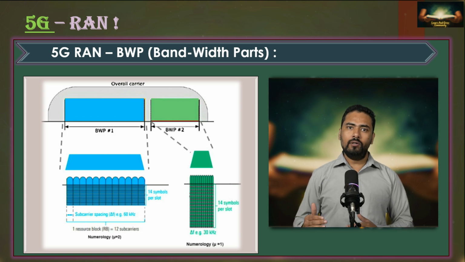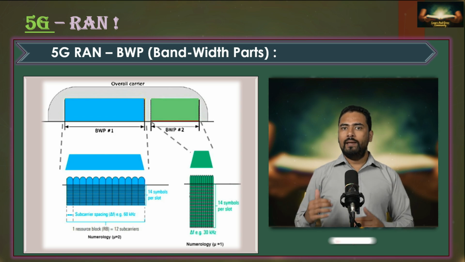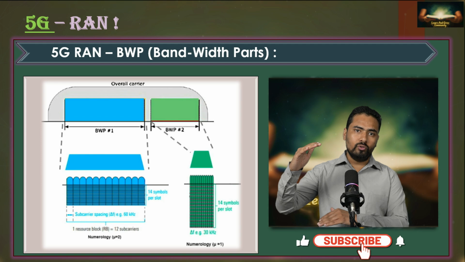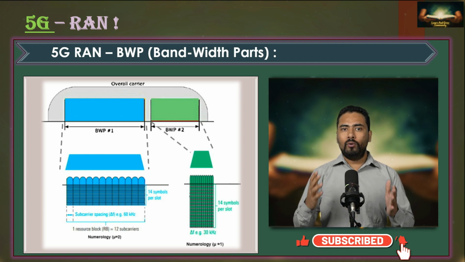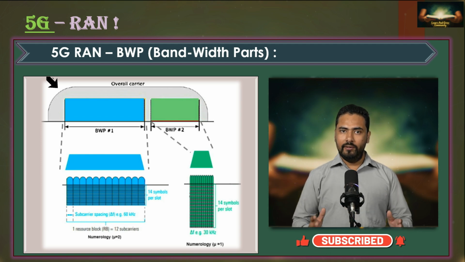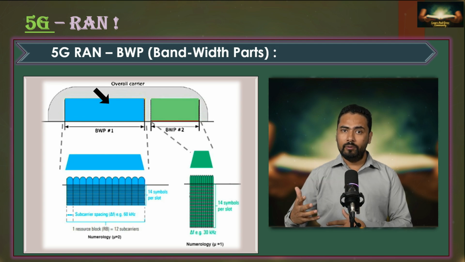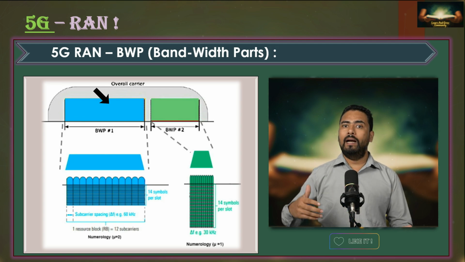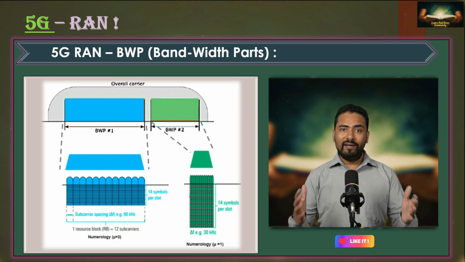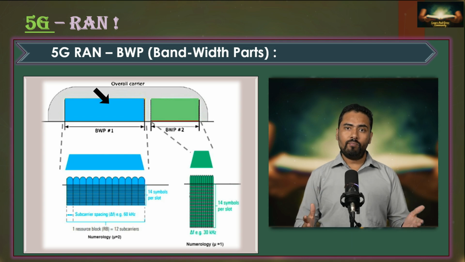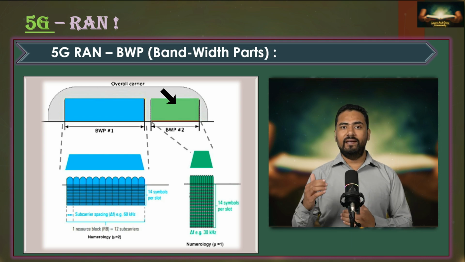A bandwidth part, or BWP in short, is a subset of contiguous resource blocks on a carrier. You can see this in the picture. Here you have one single carrier at the top and it has multiple bandwidth parts like BWP1 and BWP2. The wider bandwidth part is in blue color and the narrower bandwidth part is in green color.